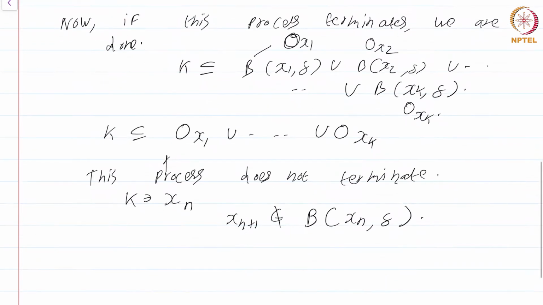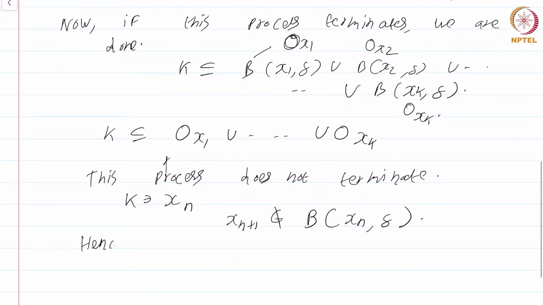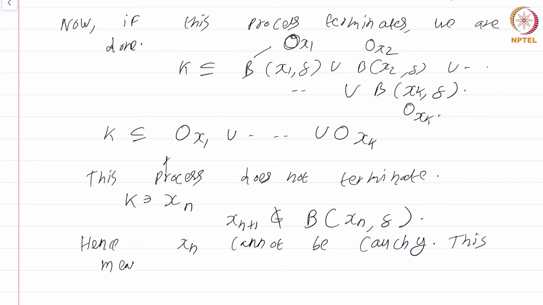Hence, x_n cannot be Cauchy. For this choice of delta, x_(n+1) and x_n can never be delta close, by the very way by which we have chosen x_n. This means not only can x_n not be Cauchy, any subsequence cannot be Cauchy as well.